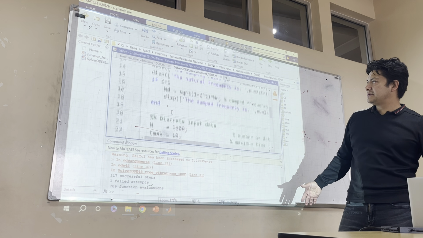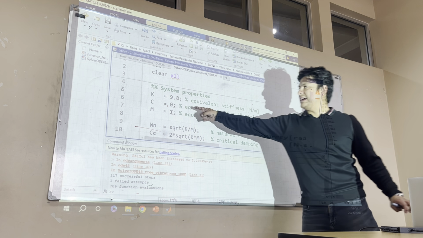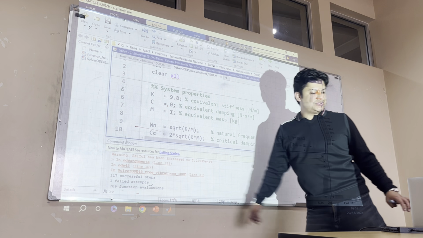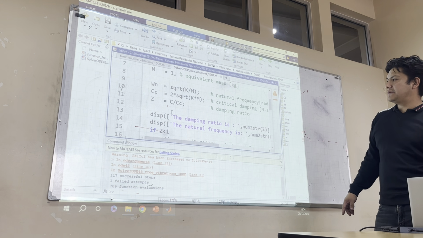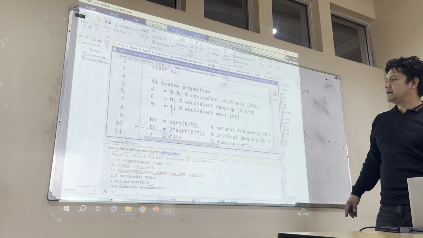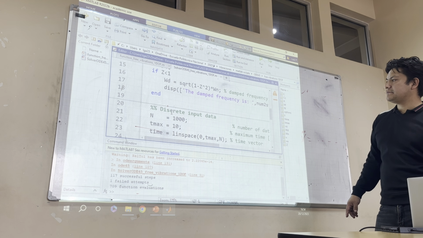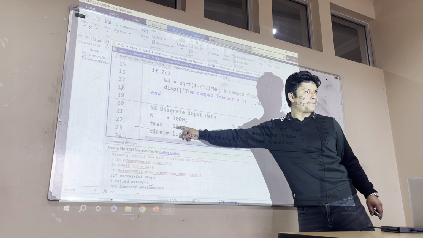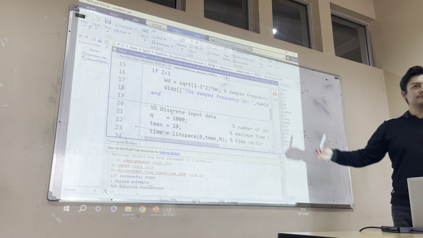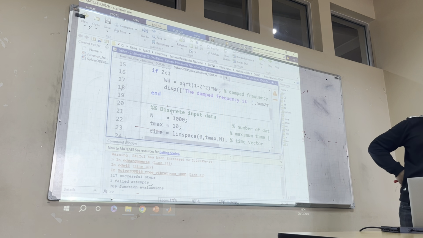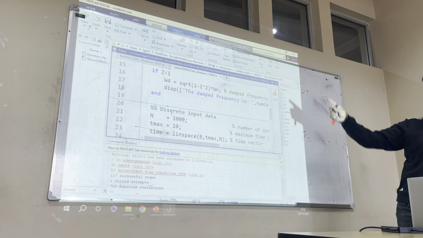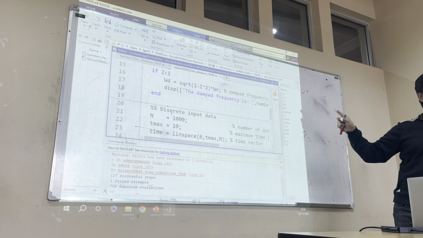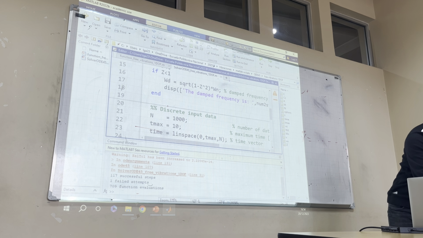Change the values accordingly, the ones that you choose. And if you don't like the response up to 10 seconds, change it. It's up to you, just for you to play with the code. You don't need to modify anything else. Just go to the function and modify the function accordingly.